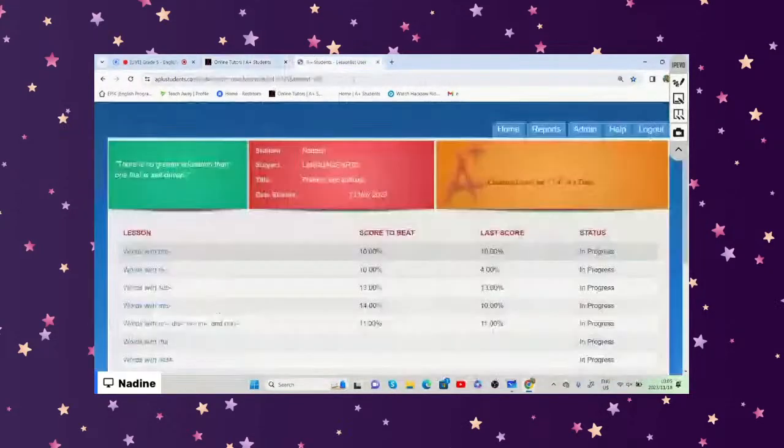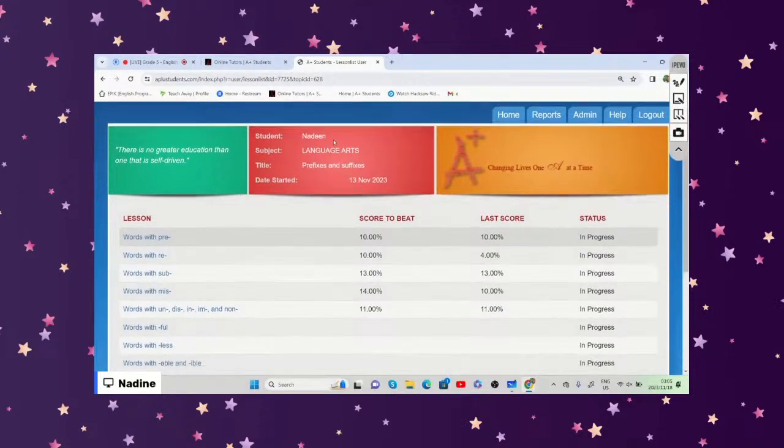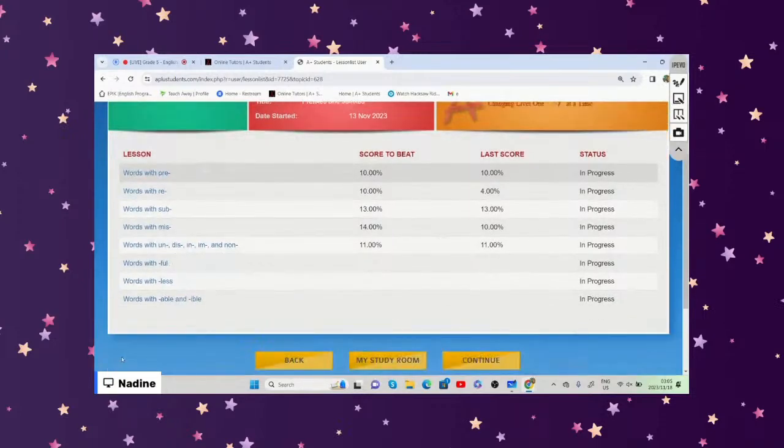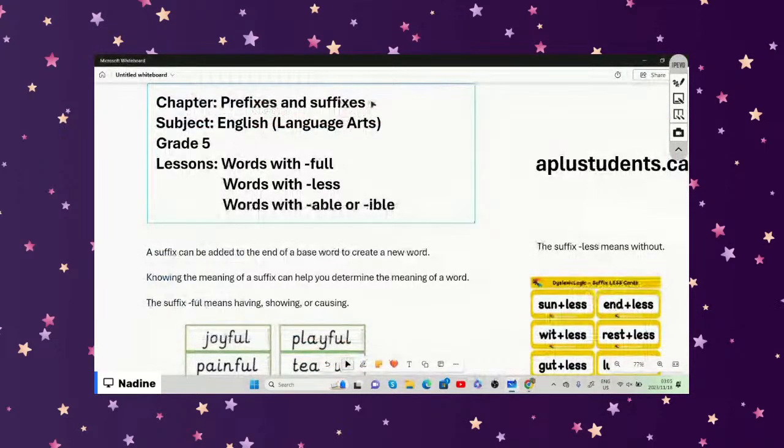All right, and then we're going to scroll down until we get to the chapter of prefixes and suffixes. Our subject is English, which is language arts, grade 5.